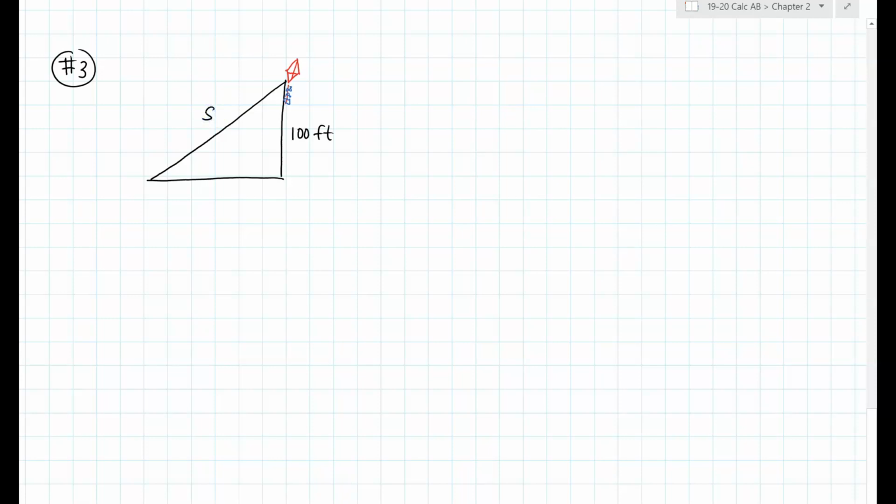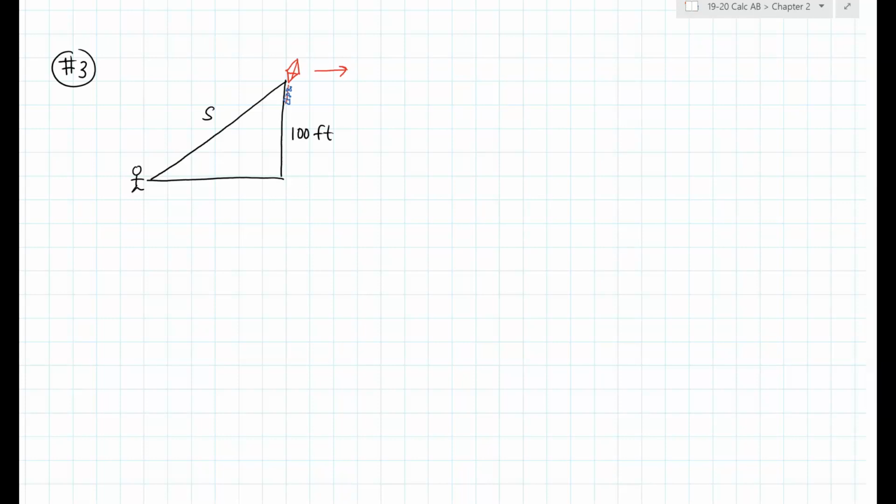So a kite 100 feet above the ground is being blown away from the person holding the string. So there's a person here holding the string, and it's being blown away from that person in a direction parallel to the ground. Okay, so this kite is moving this way. Parallel to the ground.